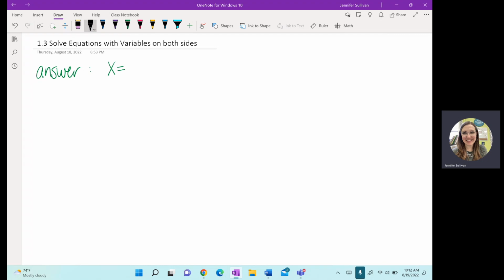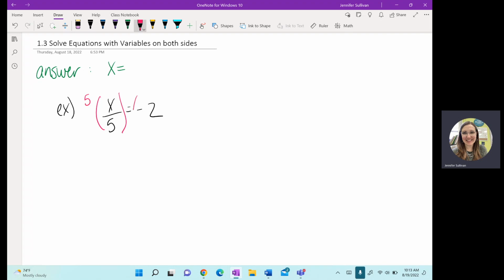So we started off with our initial one-step equations where if I had something like x divided by 5 equals -2, I would ask myself, what is my variable? The variable is x. What am I doing to x? Dividing by 5. How do I undo divide by 5? Multiply by 5.